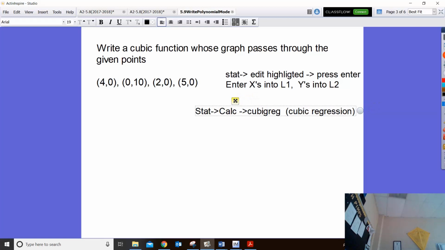So there's the instruction set for what we're doing. A calculator can write a cubic function for you. Now, it actually will give you the function in standard form, not factored form.